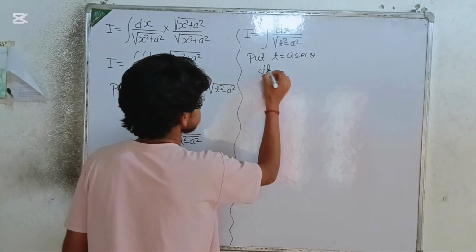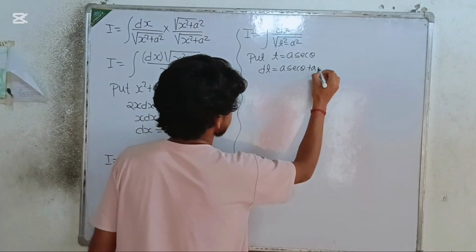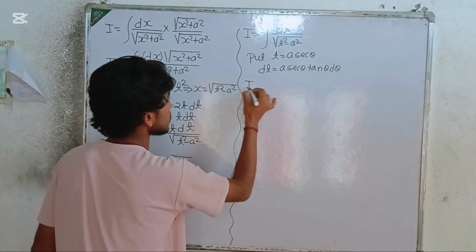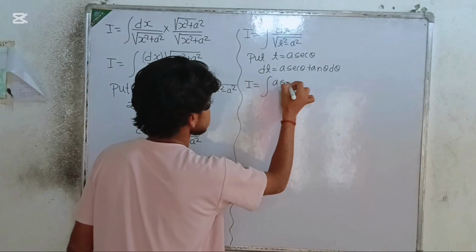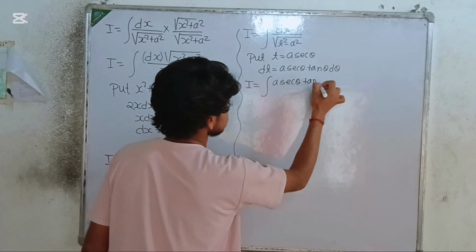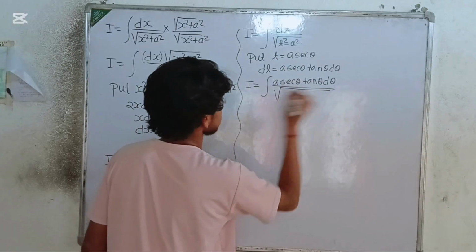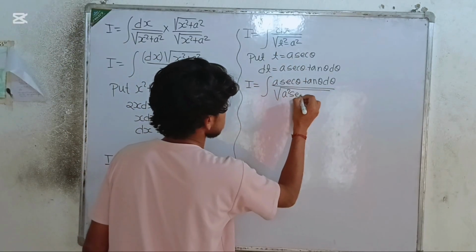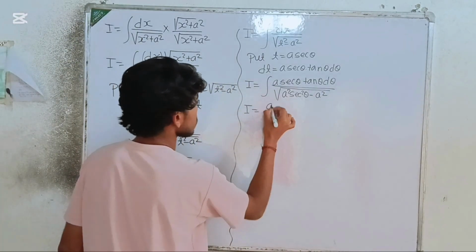So dt can be written as a sec theta tan theta d theta, right? So our integral is going to be the integral of a sec theta tan theta d theta, whole over the square root of, in terms of t squared, a squared sec squared theta minus a squared.